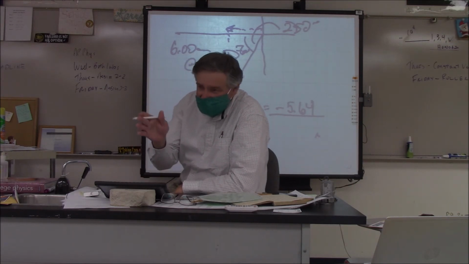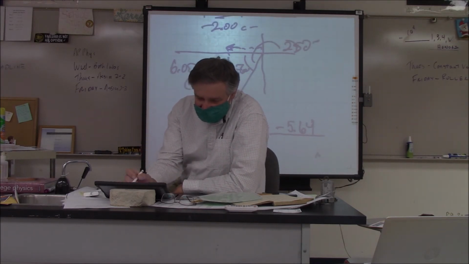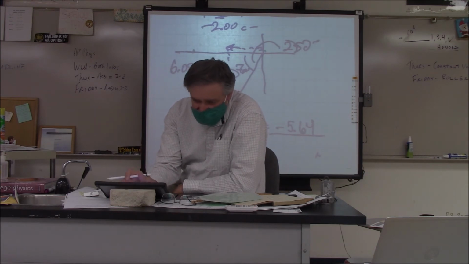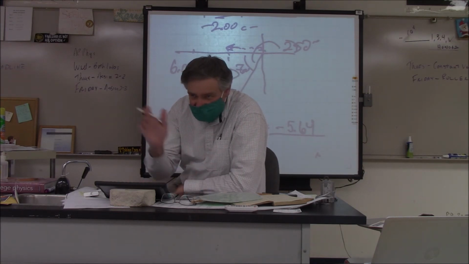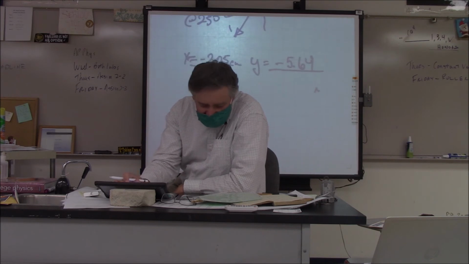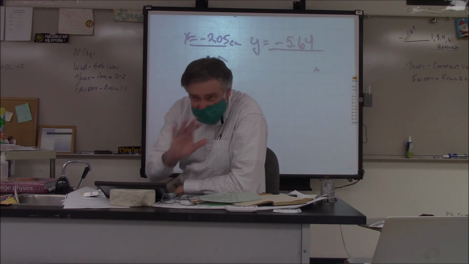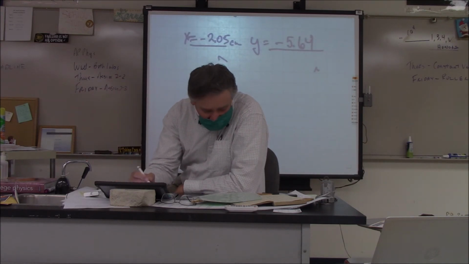Okay, so vector E then, because that's just 5 centimeters at 180 degrees, that's just going to be negative 5 centimeters and 0. So here's what you should have, because if these are wrong, what we're going to do next is going to be wrong.